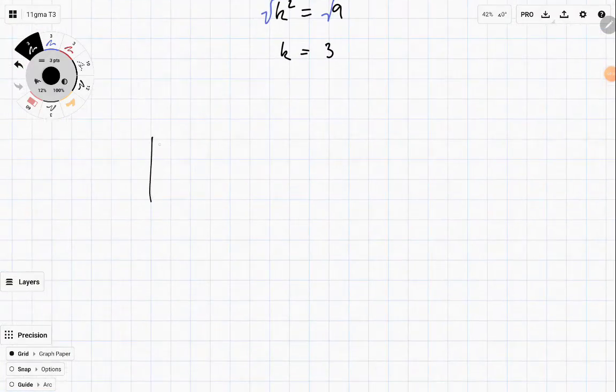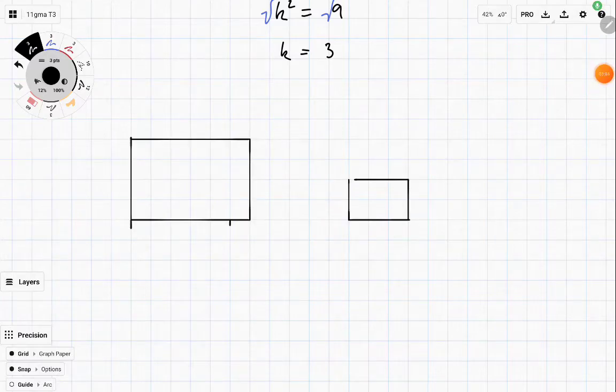Imagine I have a box, and the box here has an area equal to 1.5 meters. And then the question is, how can I work out the relationship between the two boxes? Well, if I knew the area of this one, I could work out k. But what if I knew that the scale factor, the normal scale factor, is equal to, say, a half?